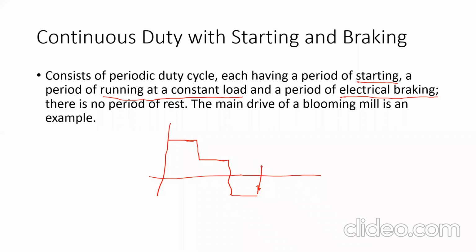Again it is loaded and started, meaning starting with the load after the braking period is over, because during braking the speed is dropped. If you want to accelerate the machine again, it is somewhat like starting. Again the period of running with the load is there, and after that the braking phase again.